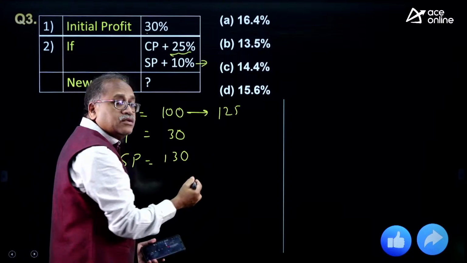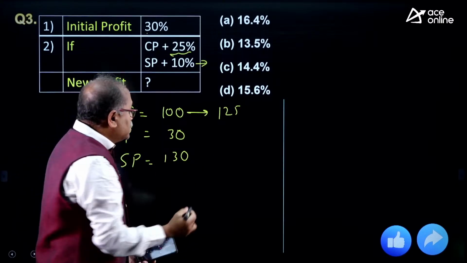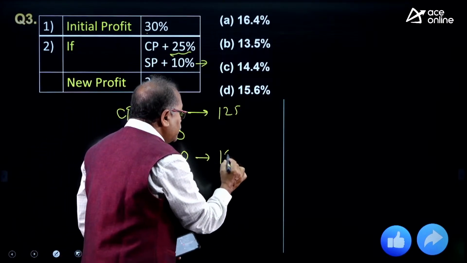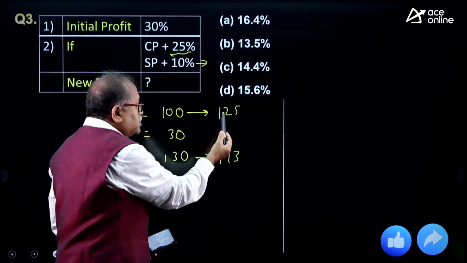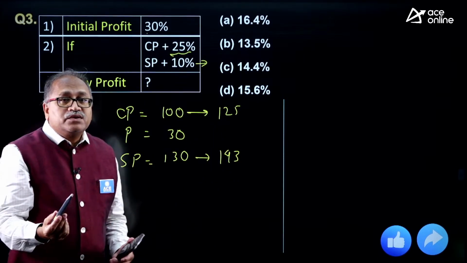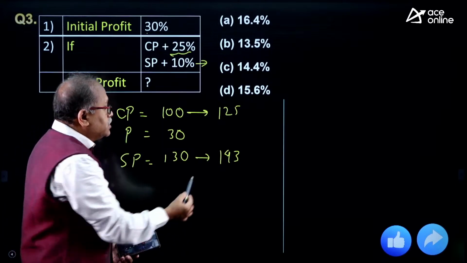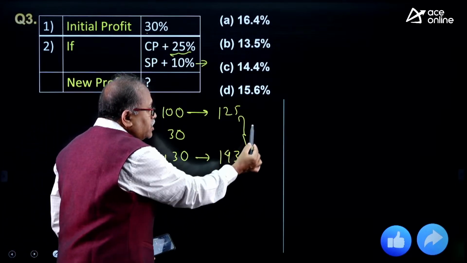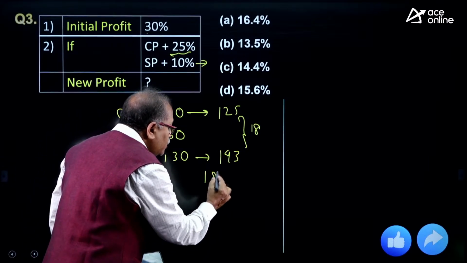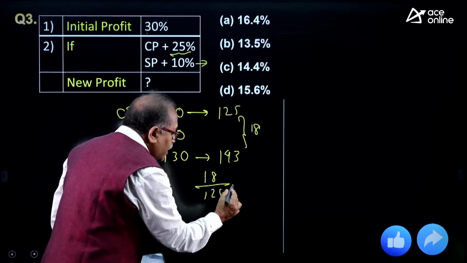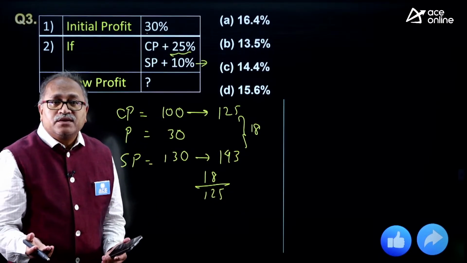So, 10% of 130 is 13, so it has become 143. Now, you have the CP, you have the SP, you just have to find out the profit percentage. So, what is the profit from here to here? I notice that 18 is the difference. So, 18 over 125 is what percentage?